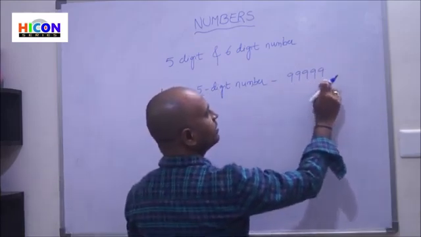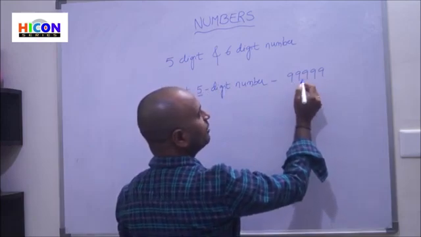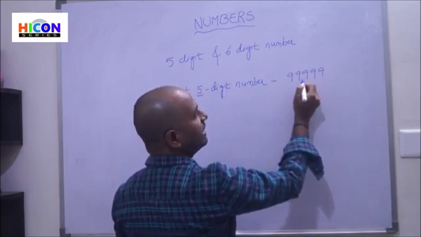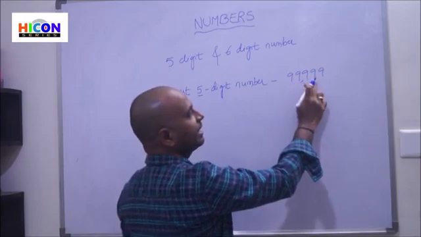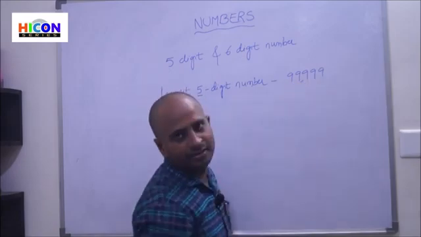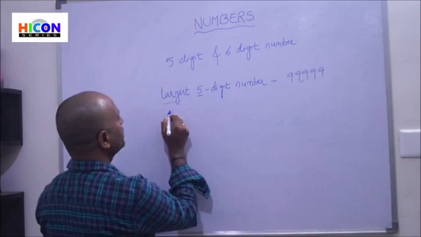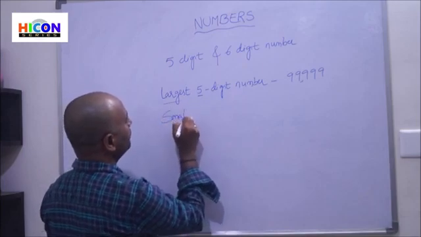So this number becomes the largest 5-digit number and it can be read as 99,999. And what is the smallest 5-digit number?